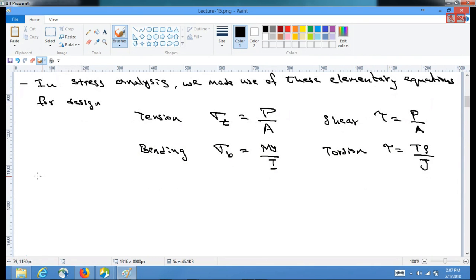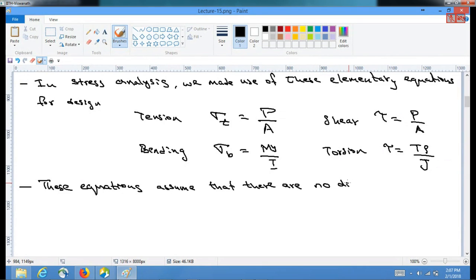But one has to understand that these equations assume that there is no discontinuity in the cross section, because they are elementary in nature.